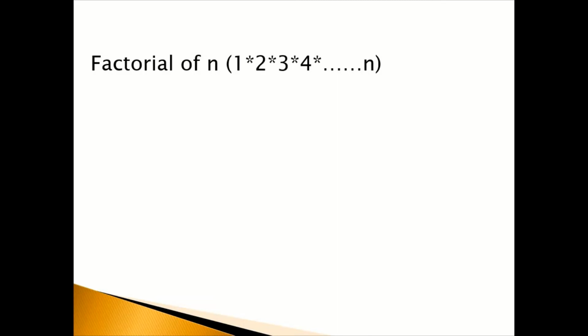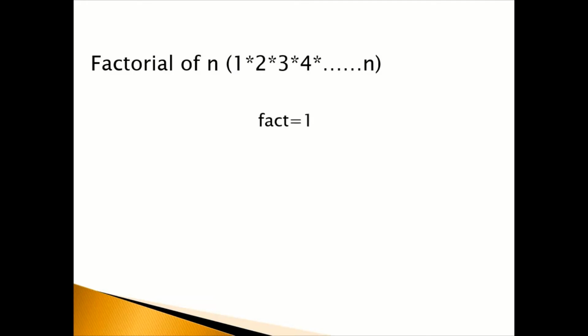For example, if n is 5, how is the factorial of 5 calculated? It is calculated as 1 into 2 into 3 into 4 into 5. So the multiplication is calculated from 1 up to n to generate its factorial.